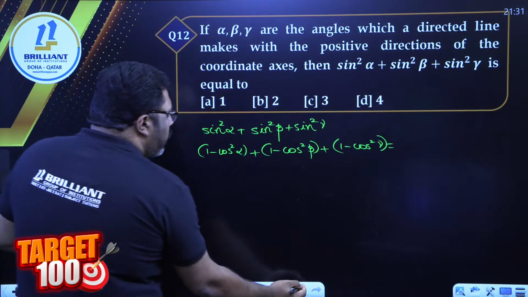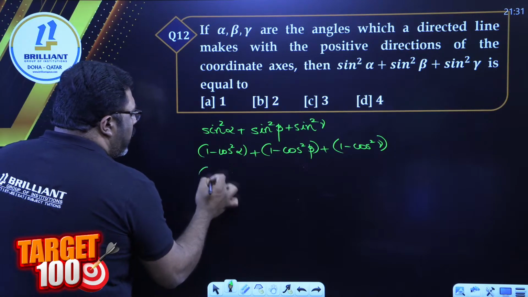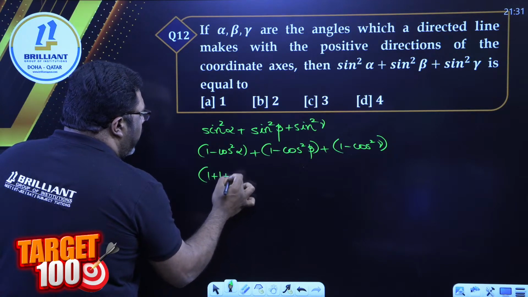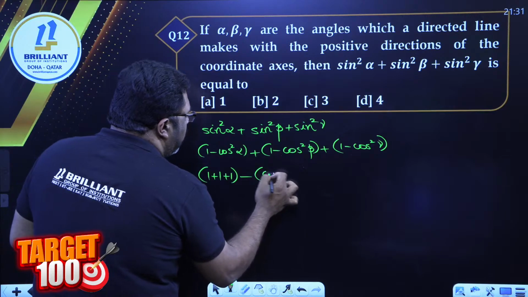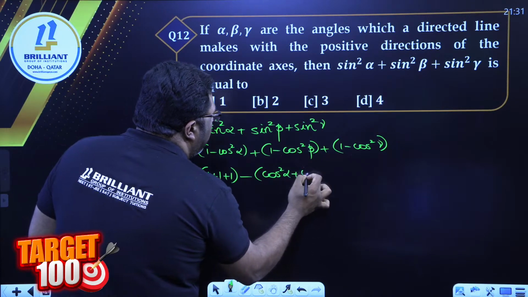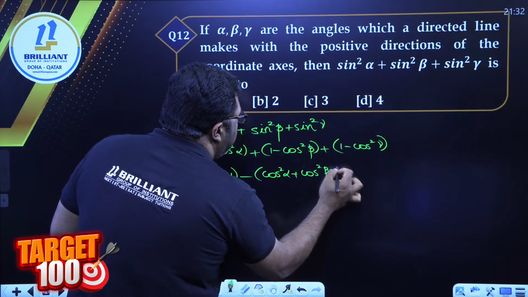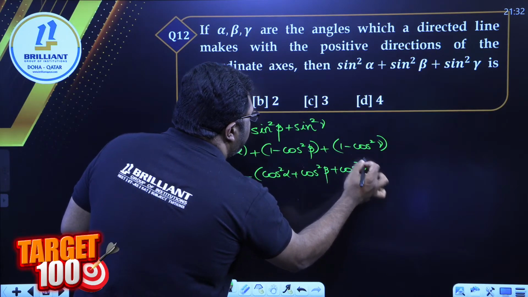Now collect all the cos squareds. This is 1 plus 1 plus 1 minus cos squared alpha, cos squared beta, cos squared gamma.